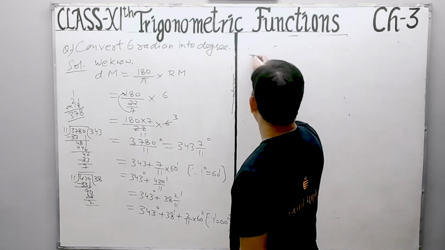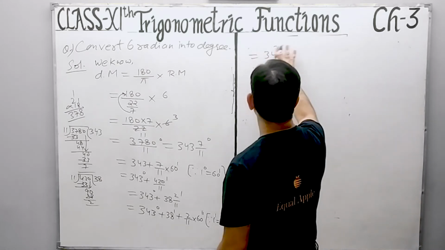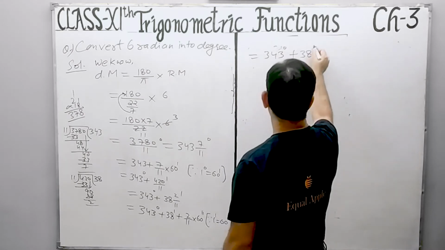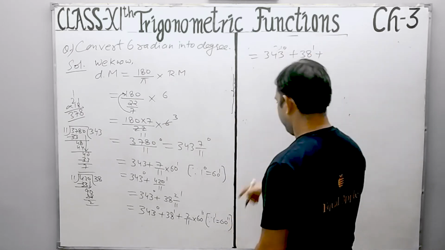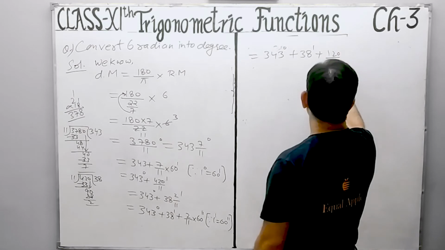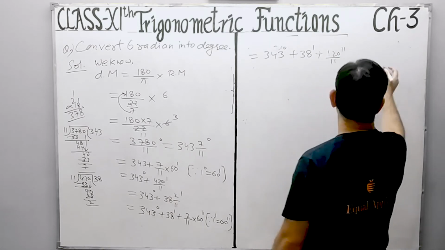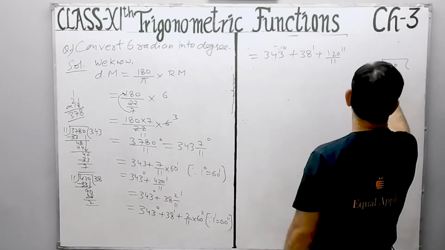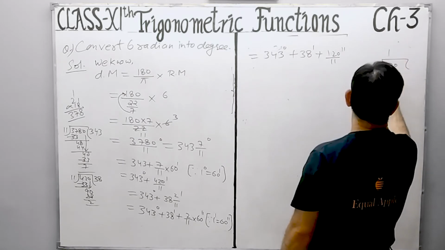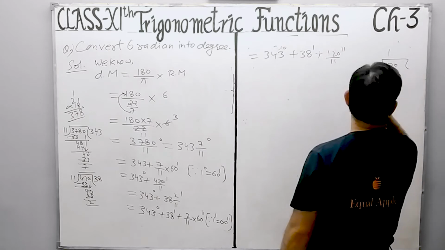So here we can see this is 343 degree plus 38 minute plus 60 twos are 120 upon 11 second. Here we will divide this. We will see that 11 ones are 11, 0.